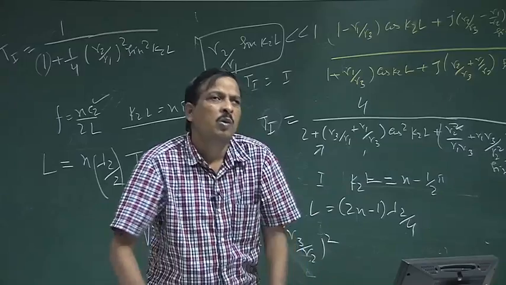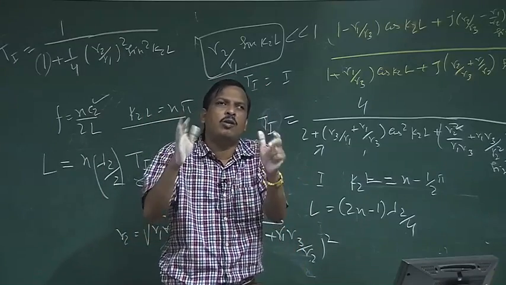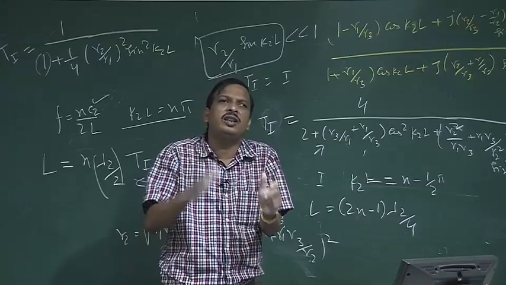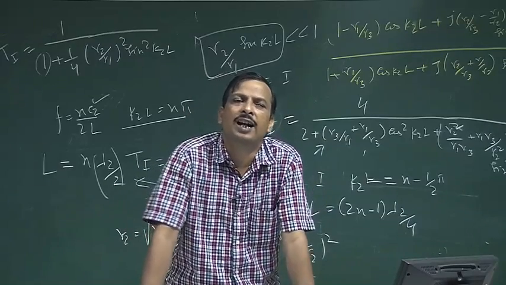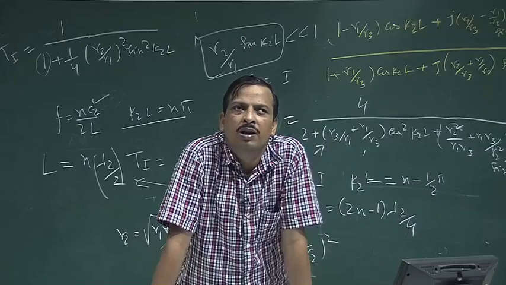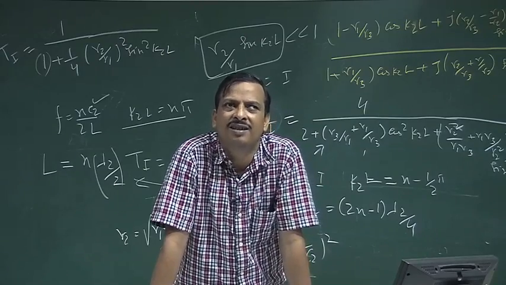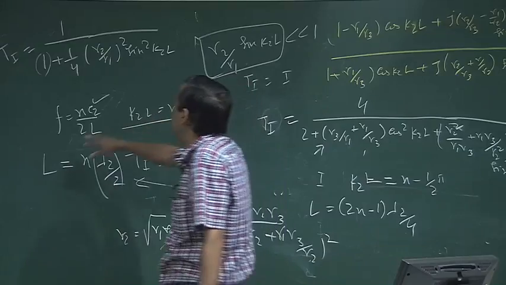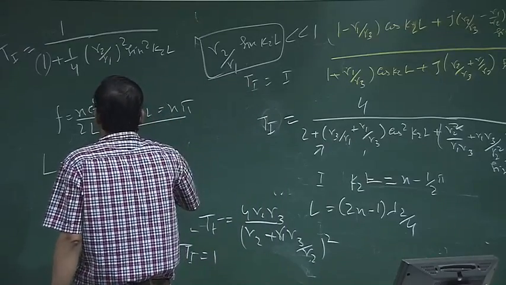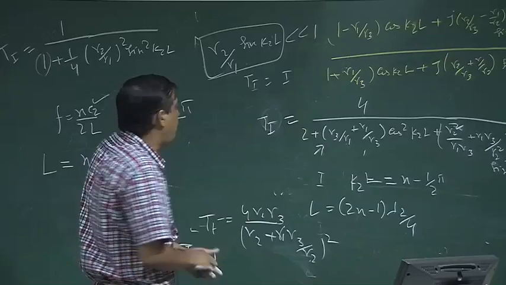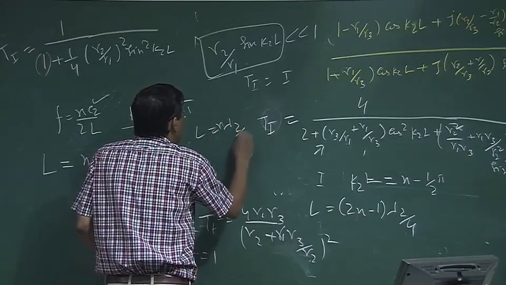So when I design the length of the wall for an acoustic studio, I have to think about the operating frequency condition, and I have to think about L accordingly. I should not make L an integer multiple of lambda by 2.